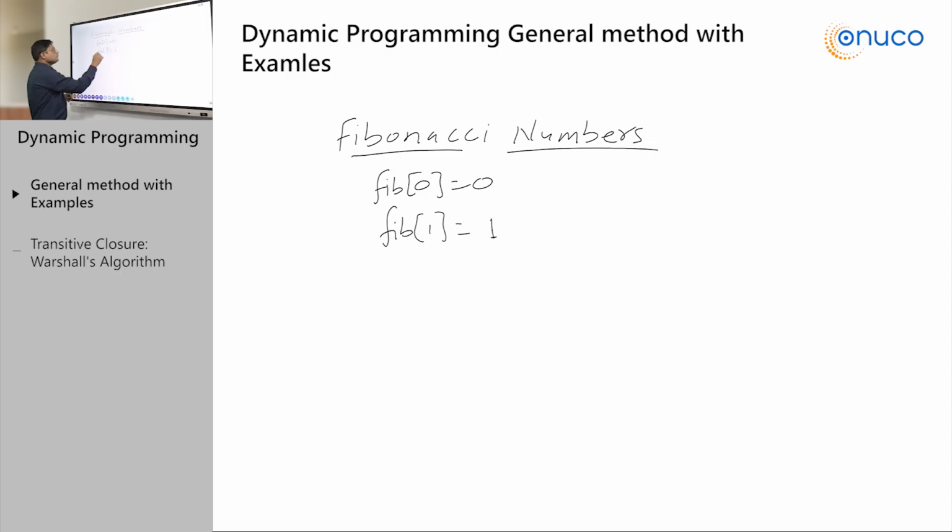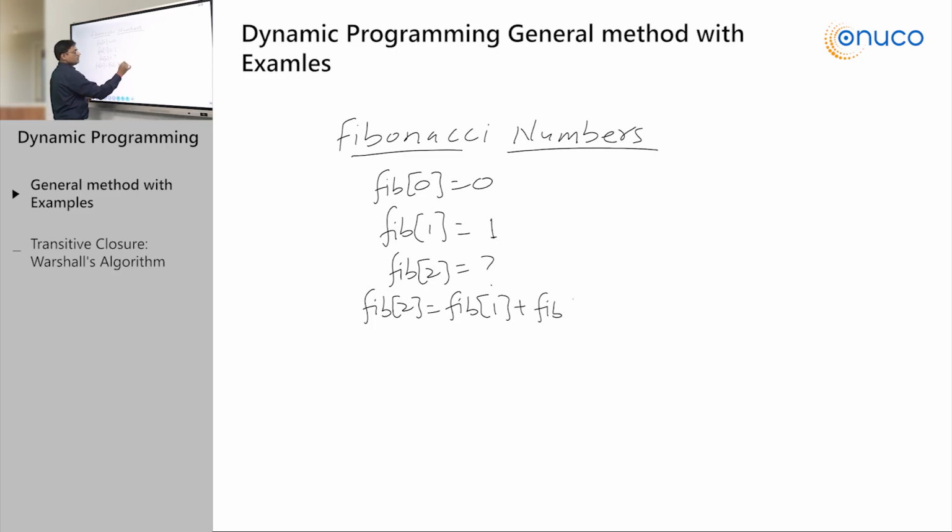Now if you want to find Fibonacci of 2, then Fibonacci of 2 is equal to the previous two, Fibonacci of 1 plus Fibonacci of 0. Fibonacci of 1 is 1 plus Fibonacci of 0 is 0, hence it is 1.